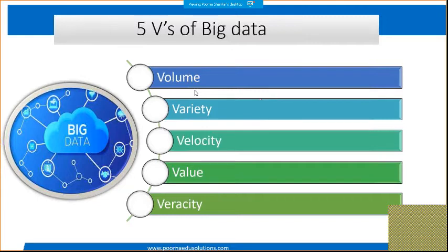The third is velocity. Here, velocity means the speed at which data comes in. For example, if the Prime Minister tweets something, immediately you can see a flood happens like anything. Or if a Hollywood star or a Bollywood star posts something on Insta, see the comments, the reviews, the shares that happen. So it doesn't have a constant time or speed. It depends on the people who are posting on the social media site.